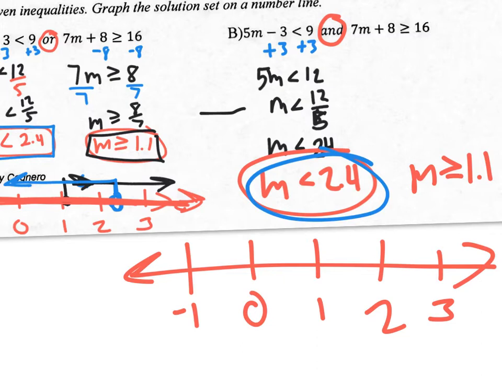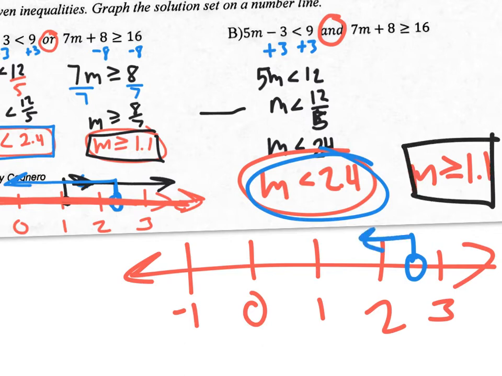It's going to be an open dot. And less than is to the left. And if you go to the other one, m is greater than or equal to 1.1. 1.1 is super close to 1. Solid dot. And it's going that way.